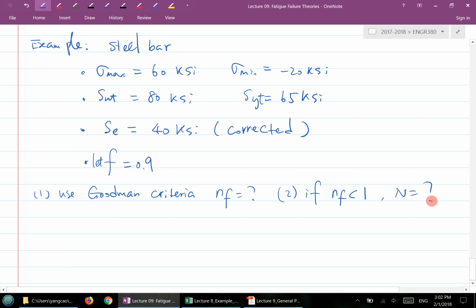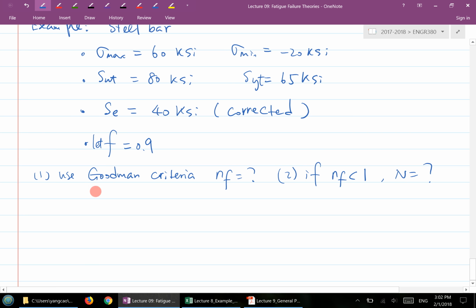Let's go ahead and do the first part. What we're given is sigma max and sigma min. In order to use the modified Goodman line, we have to calculate sigma a and sigma m. Calculate sigma m using the formula presented at the beginning: 60 minus 20 over 2, which is 20 ksi.